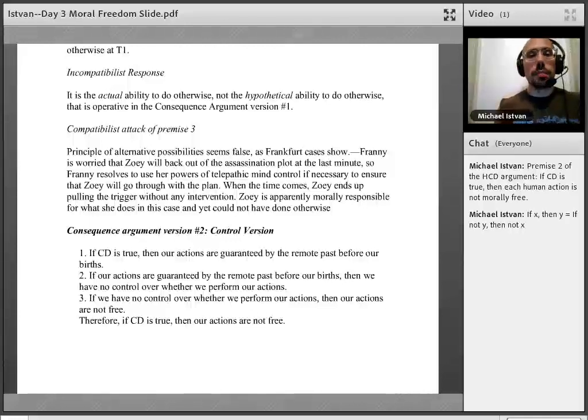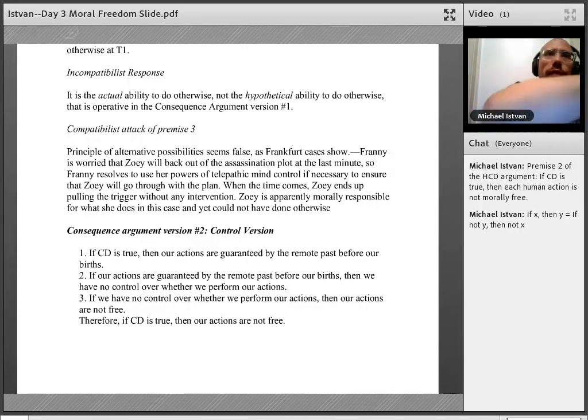A compatibilist might actually say that the principle of alternative possibilities, as obvious as it sounds, seems intuitively true. If I don't have the ability to do otherwise, if I really objectively, not just what I think subjectively, do not have any alternative possibilities but to punch the person in the head right at that time, then a lot of us think, well, then I didn't punch him in the head freely.